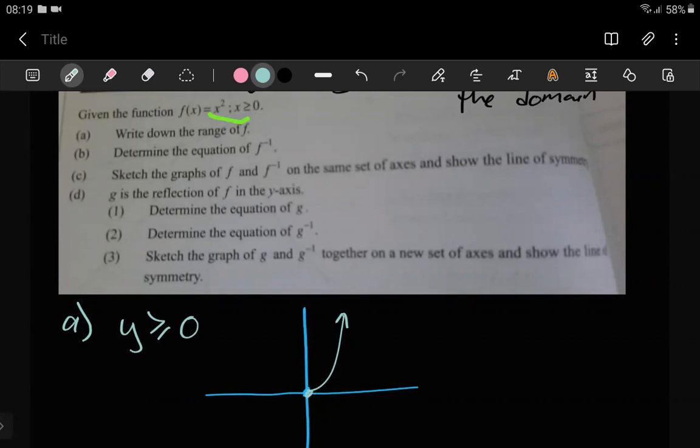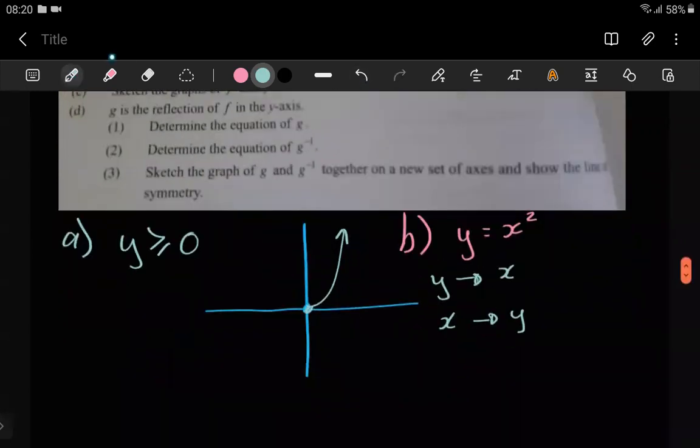And then now they're asking for the equation of the inverse. What can we do? You swap your x and your y, and then you make y the subject of the formula, and you square root it.